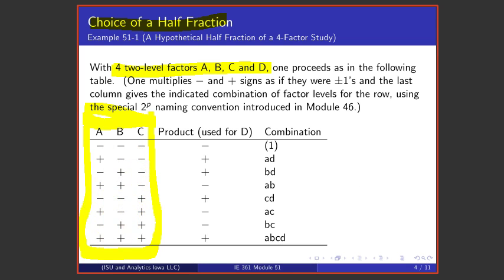It's not absolutely necessary you do that, but it's probably easier to organize things and make sure you've got everything listed if you do use this kind of truth table order.